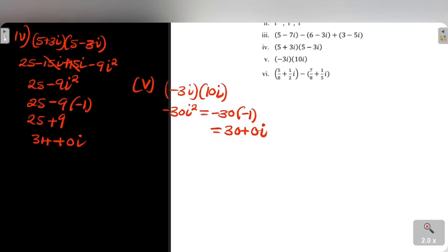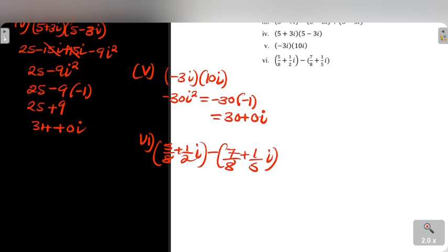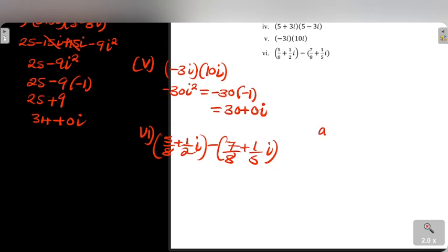Then the last part, that is part 6. We have (5/8 + 1/(2i)) − (7/8 + 1/(5i)). That's the complex number that we have. So how do we express this in the form a + bi?